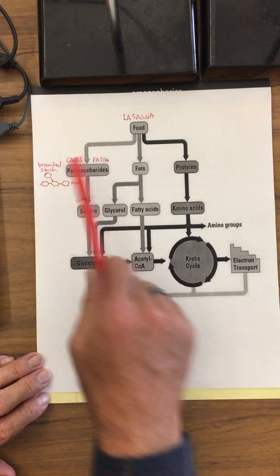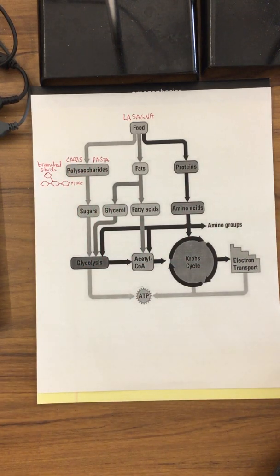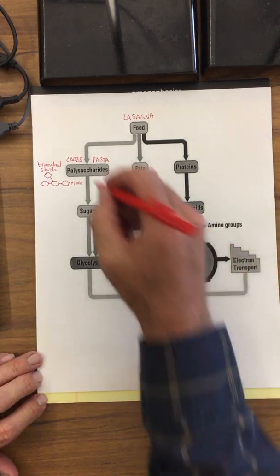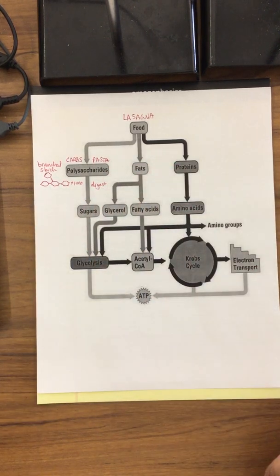So this is going to go into your mouth, and even inside your mouth, you're going to start digesting your pasta with your saliva. So you're going to digest your starch. It'll further get digested in your small intestines as it passes your pancreas.